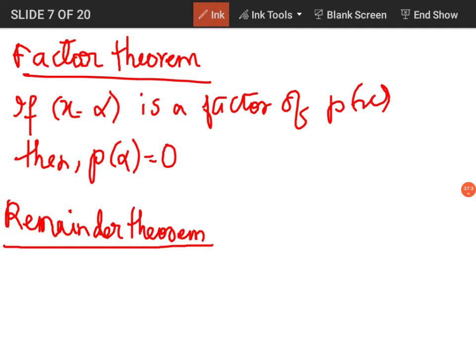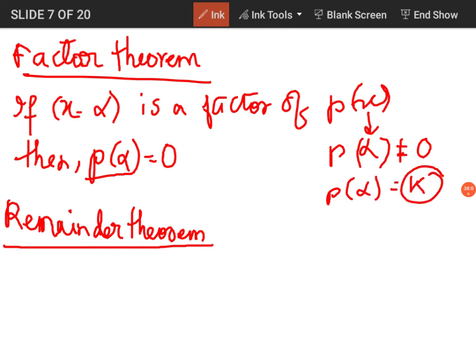That is, in the factor theorem you check if x minus alpha is a factor of this polynomial. Now what if you want to find the remainder, like you don't know if x minus alpha divides p of x? You just do the same: replace x with alpha. But if this time p of alpha is not equal to 0, say p of alpha comes out to be some k, then k is the remainder when x minus alpha divides p of x.